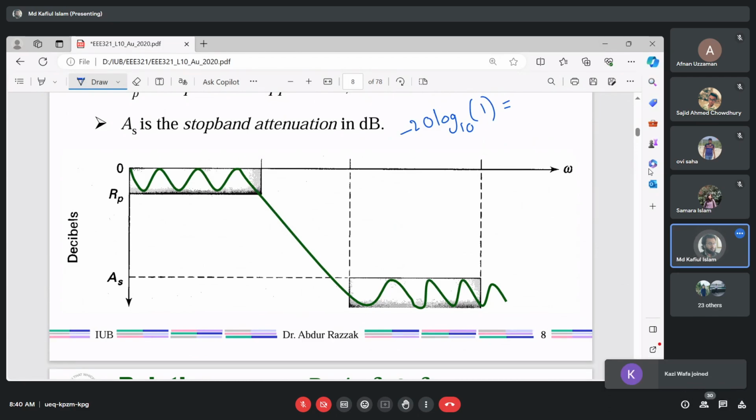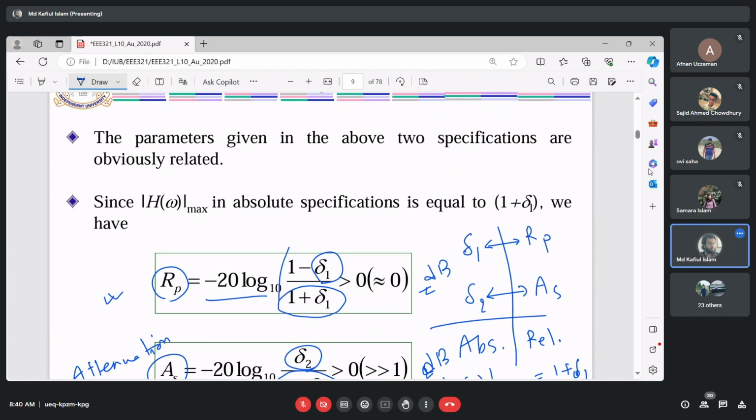So what is that value? Log 1 is 0 dB, right? Then the other value is Rp. So Rp is basically 1 minus δ1 divided by 1 plus δ1, right? This one.